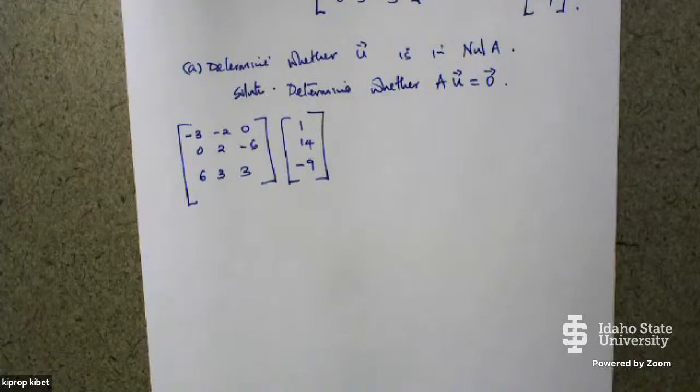I notice some of you do not remember how to multiply the matrices. So I said you can use 2 ways. You can take this column, multiply by 1, take this one, multiply by 14, take this, multiply by -9, and then you add.